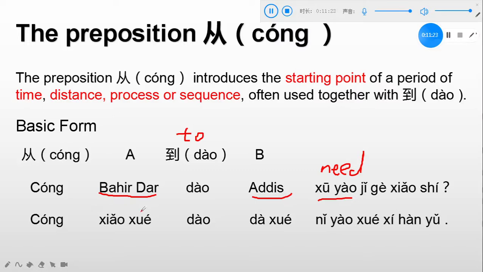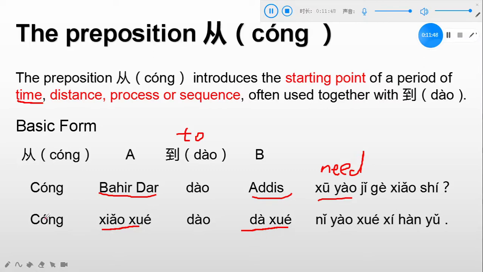Now let's take a look at the second example. 从小学到大学. Well, here, 小学 and 大学 are not places. They are times. 小学 is your primary period. 大学 is your college period. Okay.